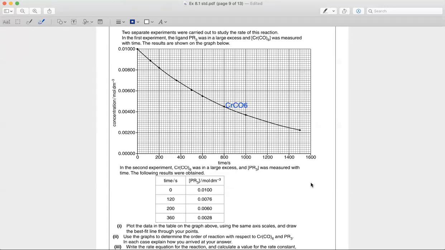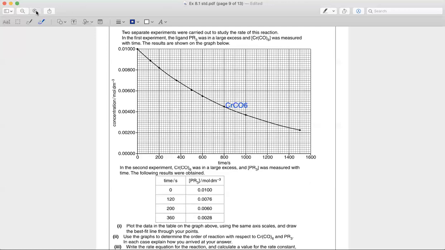It can be a straight line or it can be a curve. So it depends on your points. If you think that it looks better with a curve, you draw a curve, okay? Best fit line can mean a straight line or a curve.